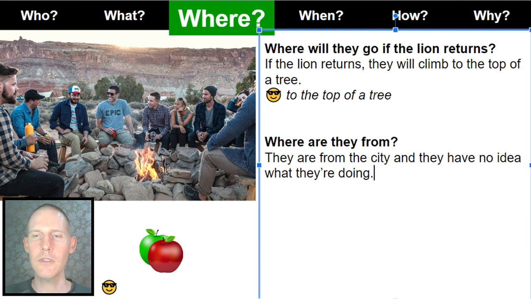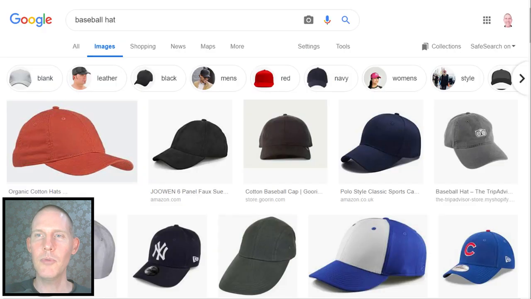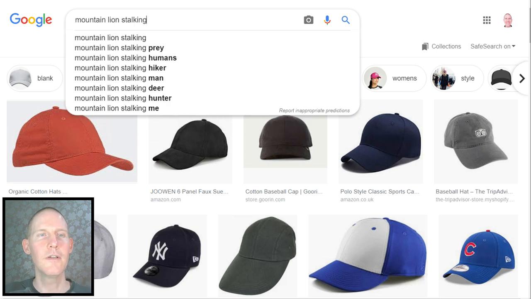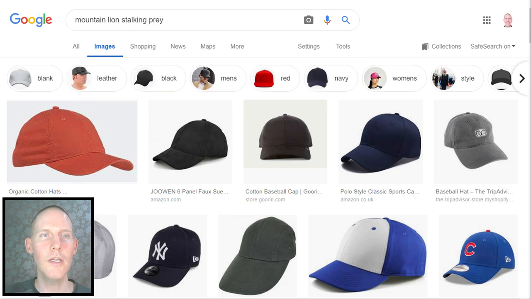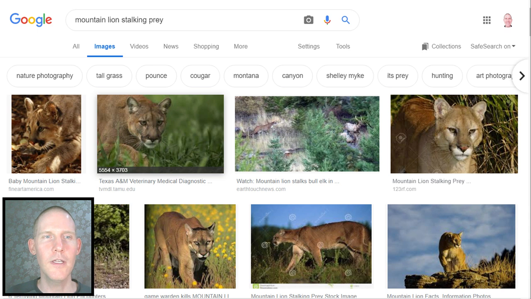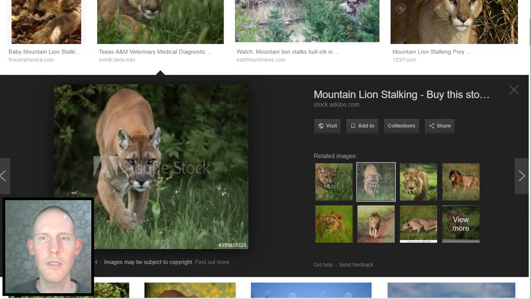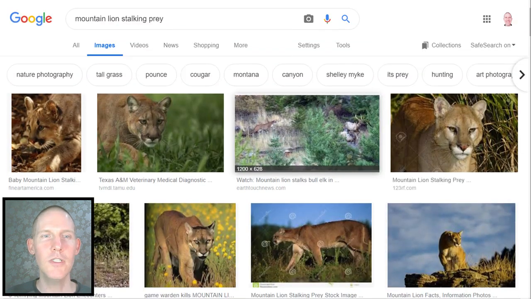Ooh, stalking, what does that mean? Let's see, go back to Google Images. We'll say mountain lion stalking. All right, stalking. Ooh, stalking prey. All right. Ooh, this is a good one. It's not very big, but here, that's a good one. So he's stalking, or she's stalking.